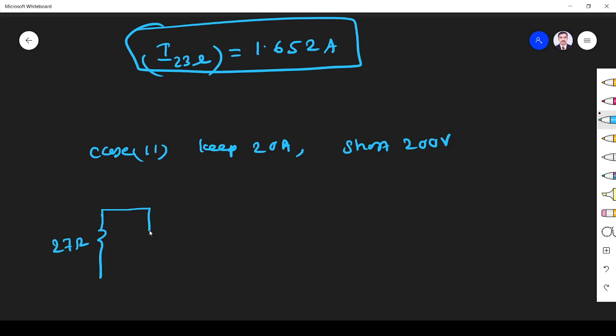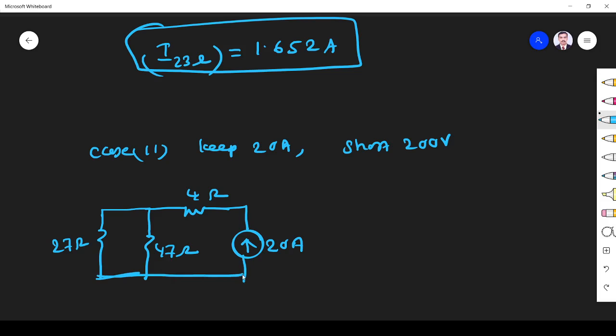Here 47, that voltage source will be shorted, and this is 4 ohm, and the current source will be kept as it is, 20 ampere. Then 23 ohm. So I kept 20 ampere, short 200 volt.